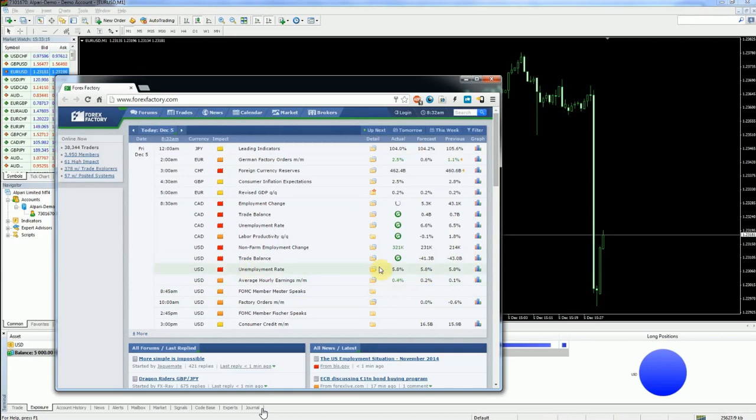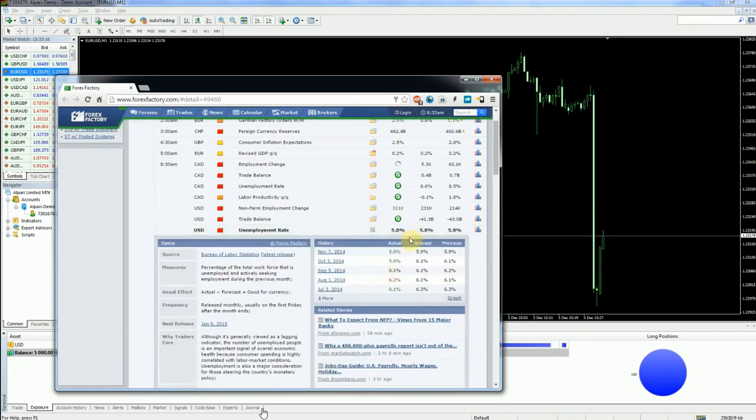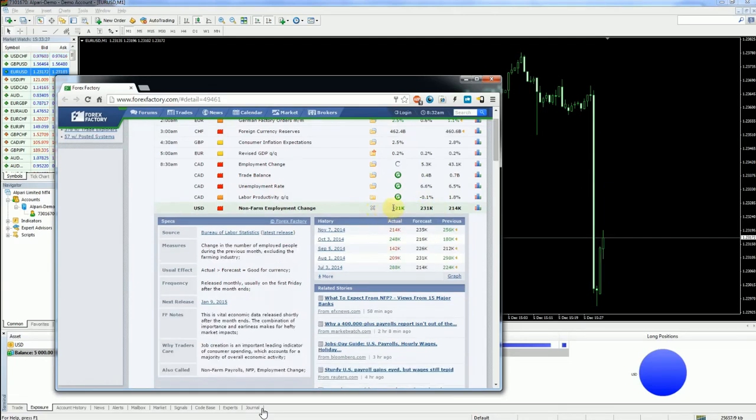So once again, the unemployment rate hasn't changed, and that just doesn't mean anything, but the non-farm employment change: they were expecting a rise of about 231,000. It actually rose by 321,000, and the previous actual was worse than the forecast.